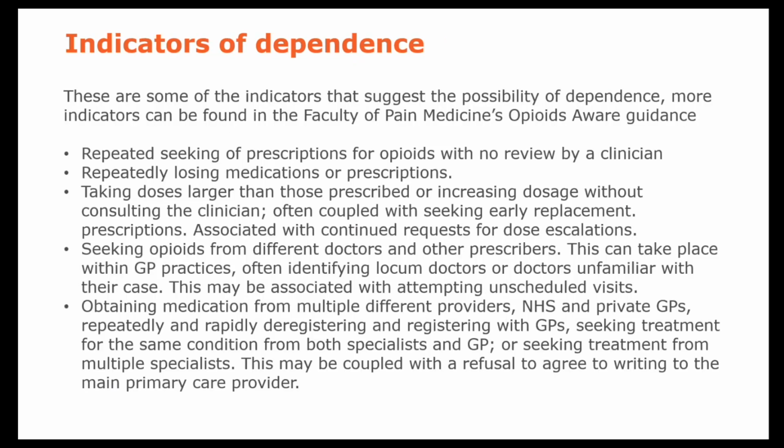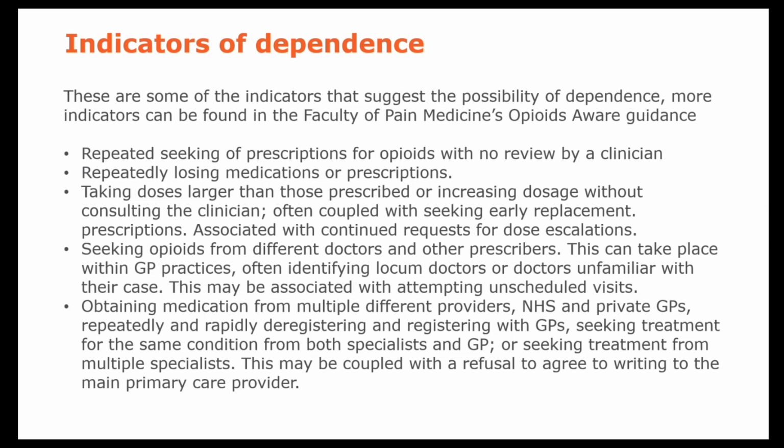So again, looking at those indicators of dependence, these are just some of the indicators that suggest the possibility of dependence. More indicators can be found in the Faculty of Pain Medicine's Opioids Aware Guidance.